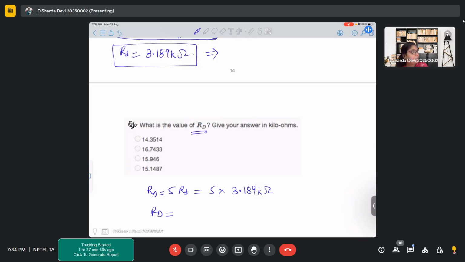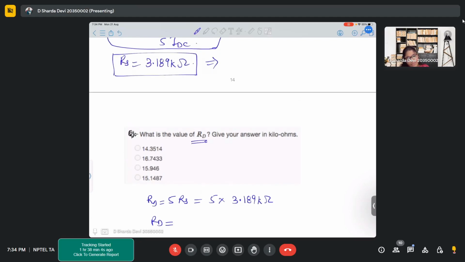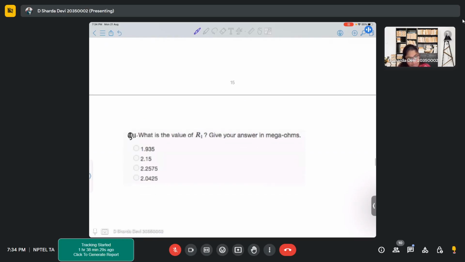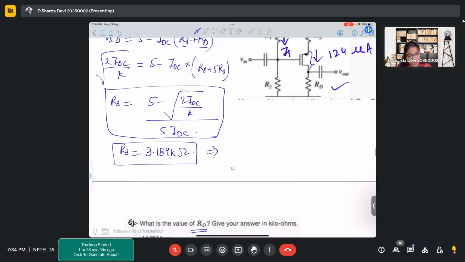So your RD will be 16 kilo ohms. The next problem is the values of R1 and R2. For the values of R1 and R2, what all do we know?